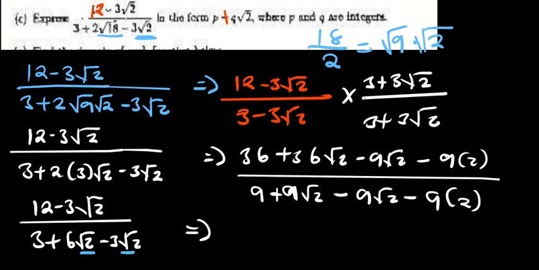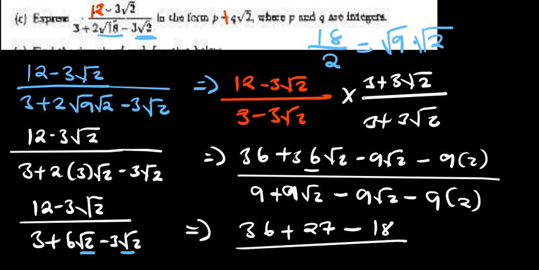So then it's going to be 36. These two can be added. So it's 36 minus 9. 36 minus 9 should be 27. So it's plus 27. Then this one is now 18, 9 times 2 is 18. I divide that by, so these will cancel.